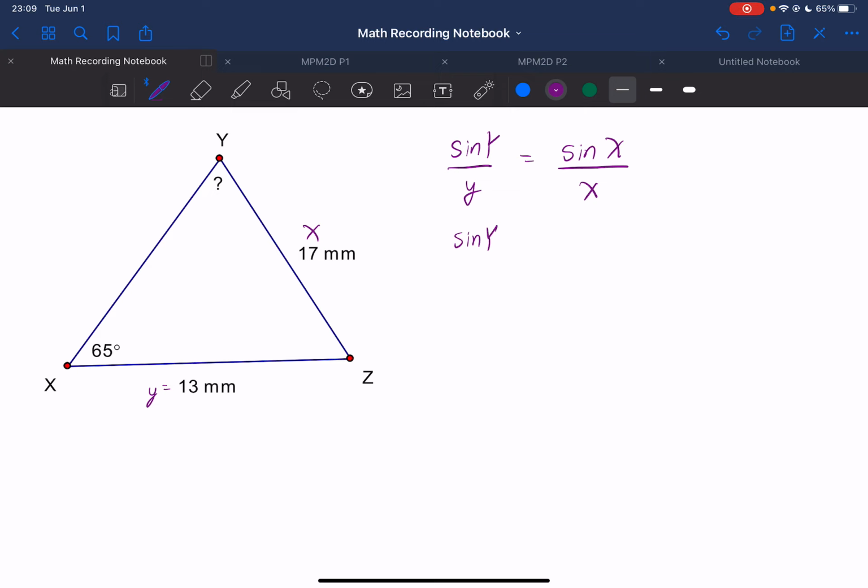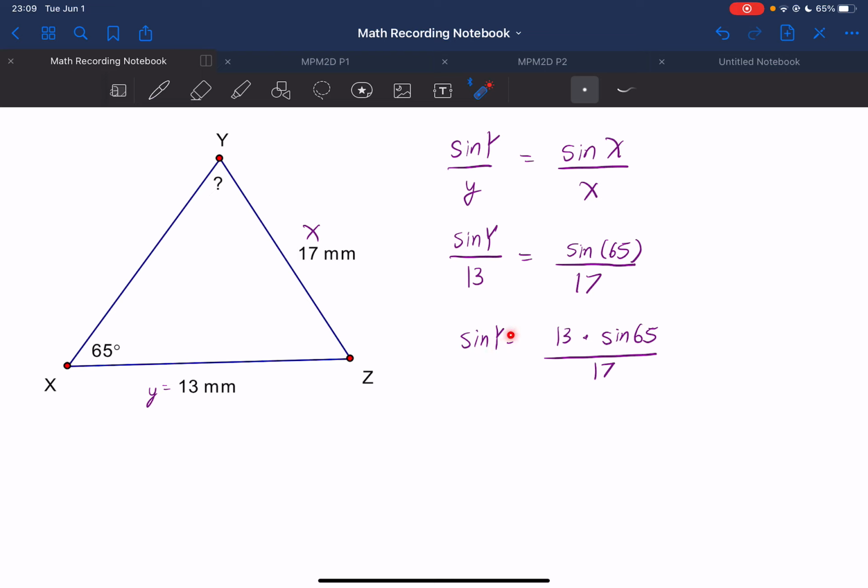So what we're going to start off by doing is filling in what we know. Sine y, we don't know what that is, over 13 equals sine 65 over 17. We're once again going to rearrange to isolate for sine y. So you get sine y equals 13 times sine 65, all over 17.